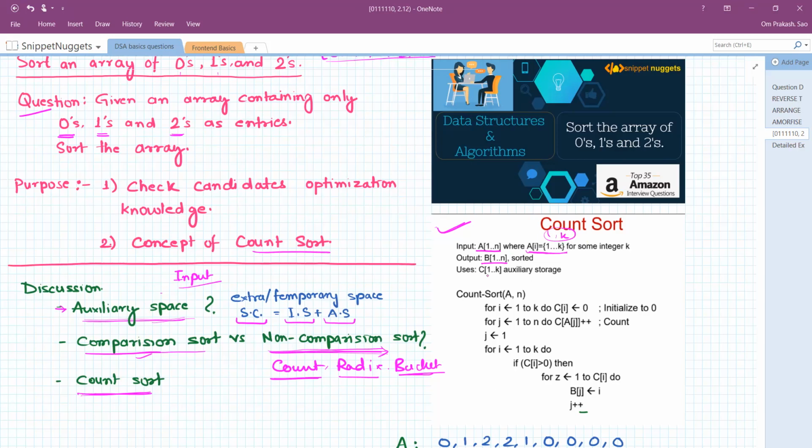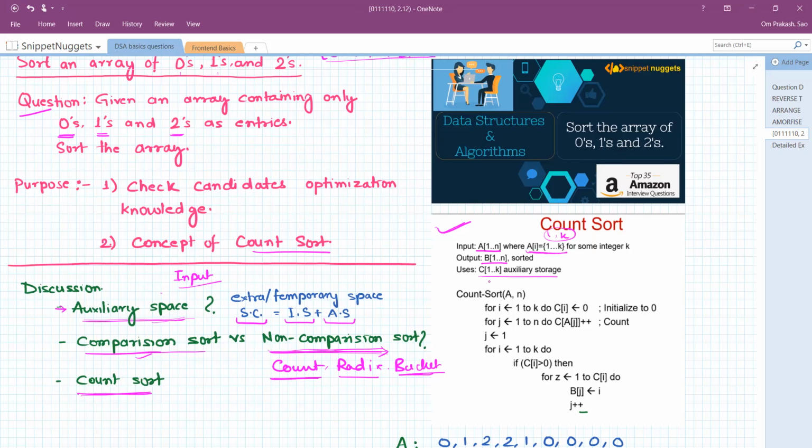Also we will use auxiliary space, the extra or temporary space during this execution, maybe for processing or storing something. Basically all the space which is created temporarily and then used during the execution is called auxiliary space.